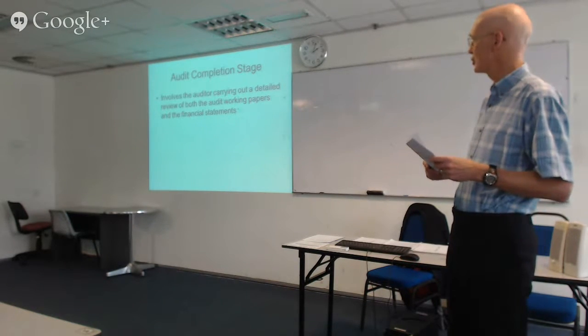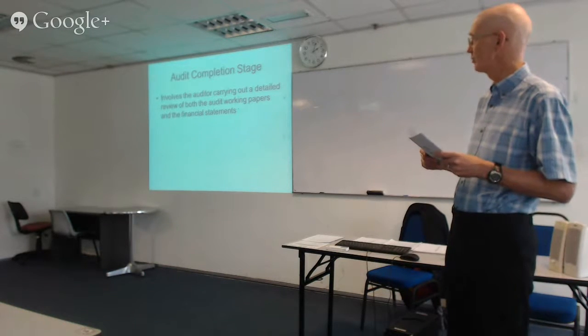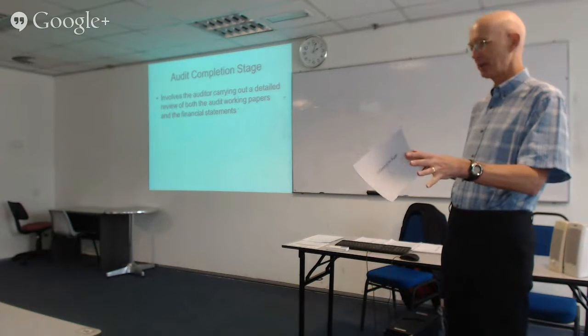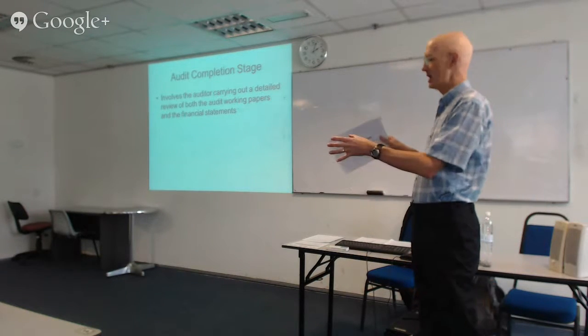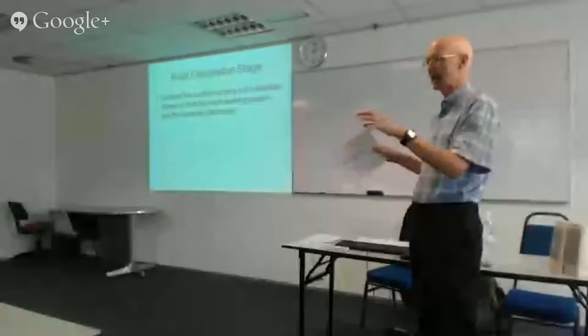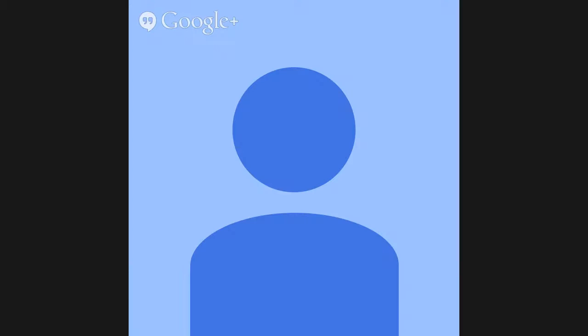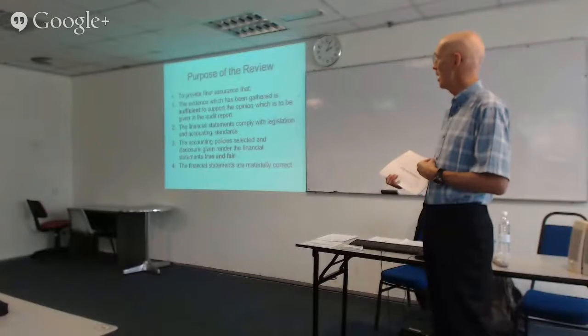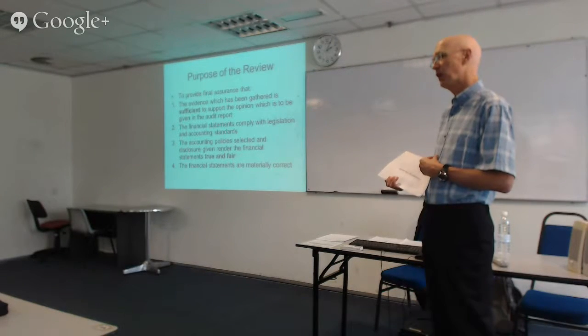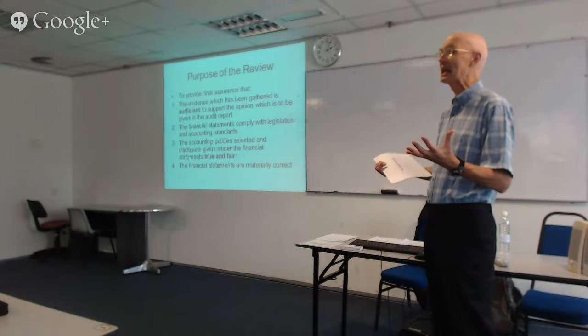And so what the auditor needs to do is carry out a detailed review of the audit working papers and consider them in the light of the financial statements to say, what is this telling me about the accounts? Have we done enough? Have we got a sufficient amount of evidence? And then going on from that, what is this telling me?